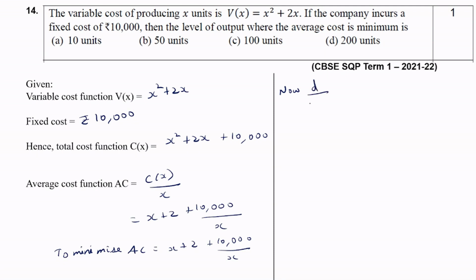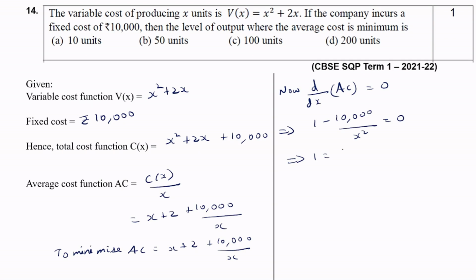Now d by dx of average cost equal to 0 implies the derivative of x plus 2 plus 10,000 upon x. It is 1 minus 10,000 by x square equal to 0.